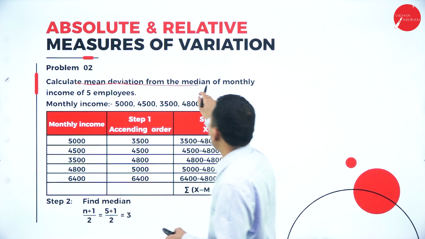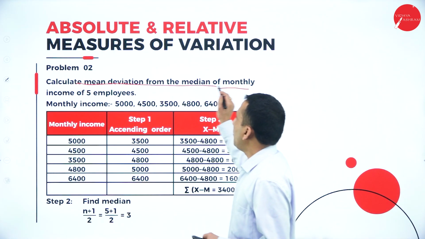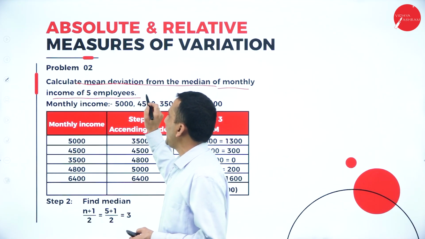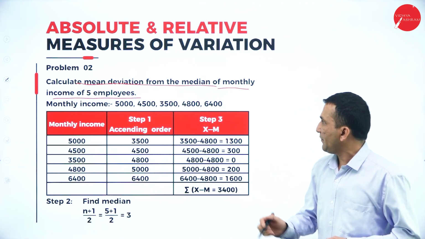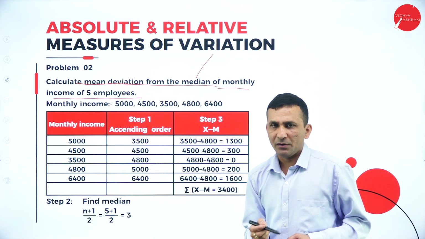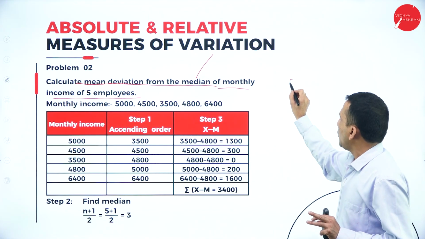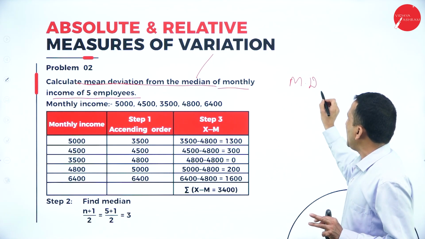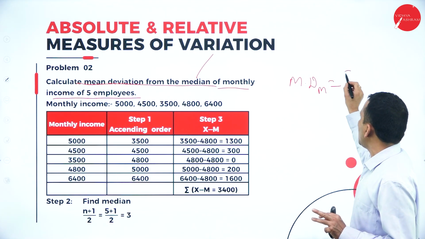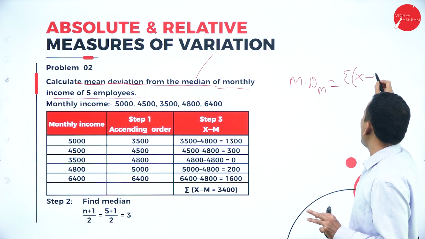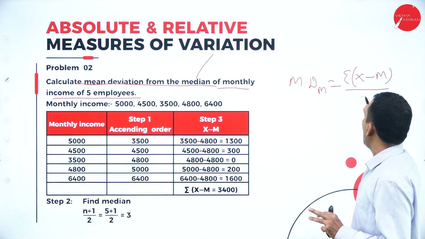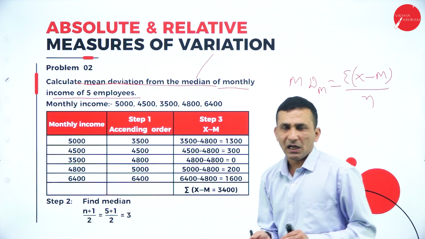Moving forward, there is one more question for discrete ungrouped data. Calculate the mean deviation from the median of the monthly income of 5 employees. In this case the problem is on a median basis. The formula for the absolute mean deviation from the median is sigma |x minus median| divided by n, because it is discrete ungrouped data.